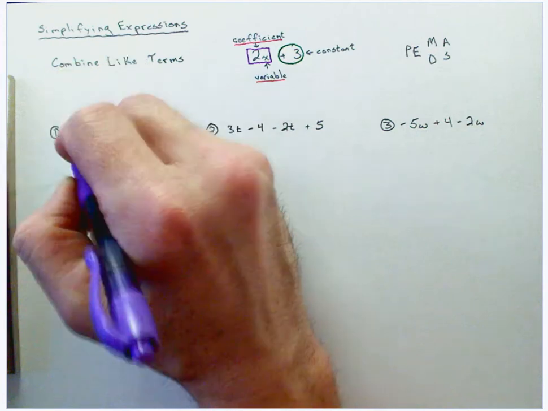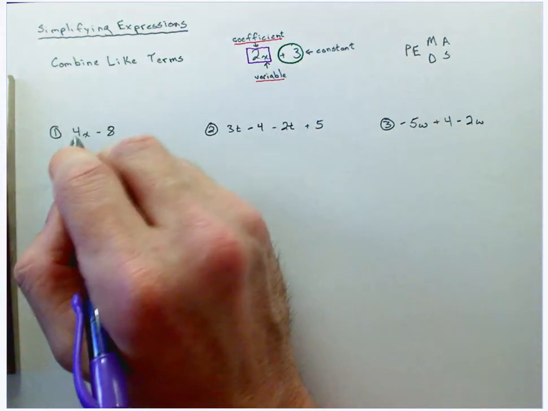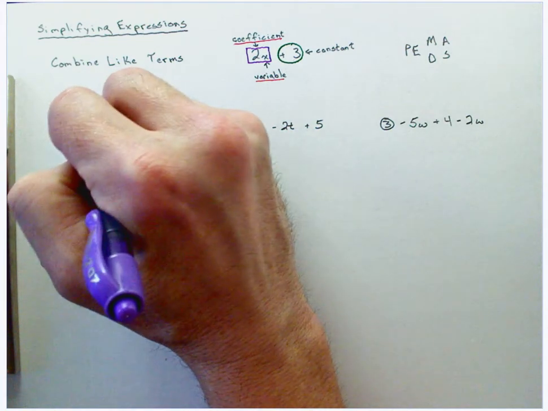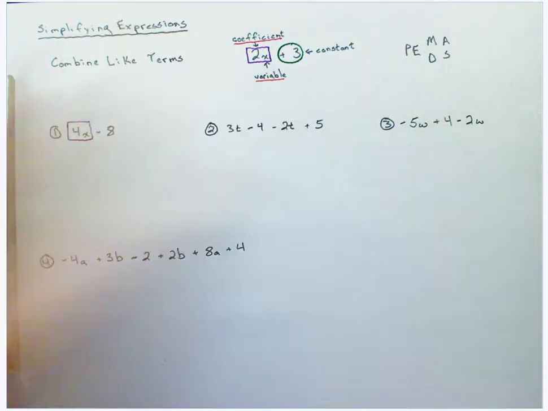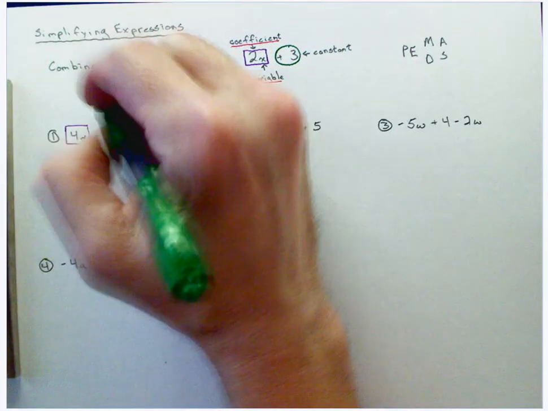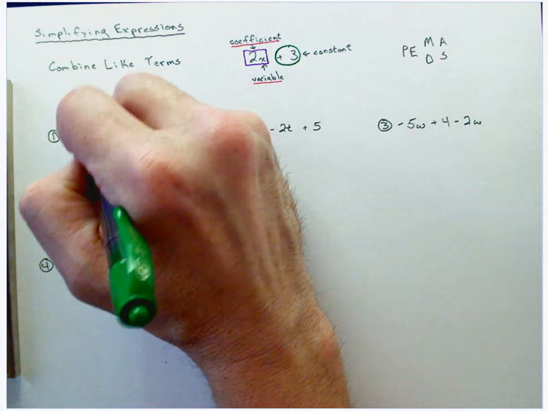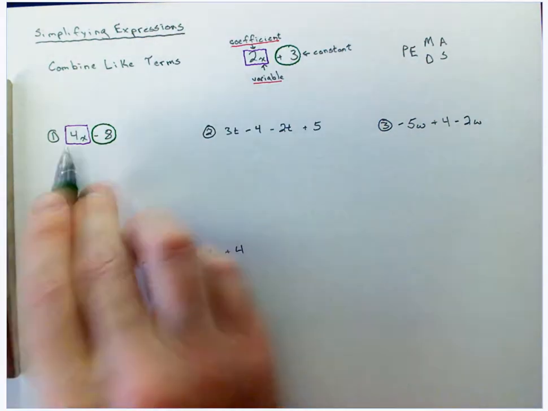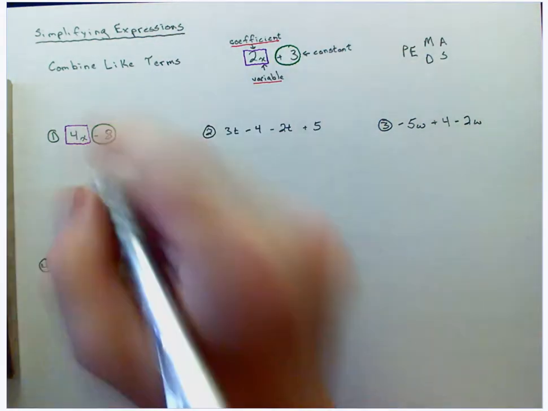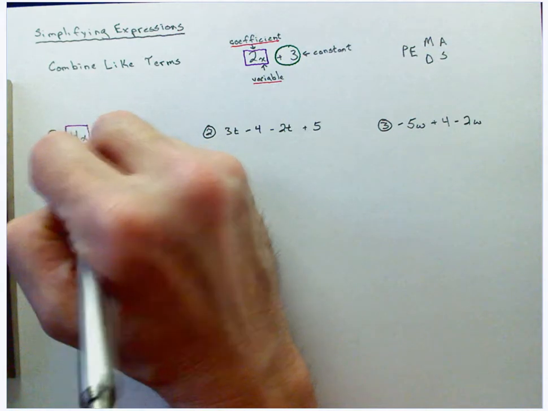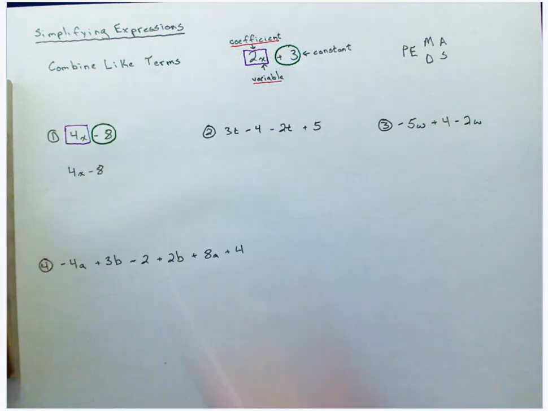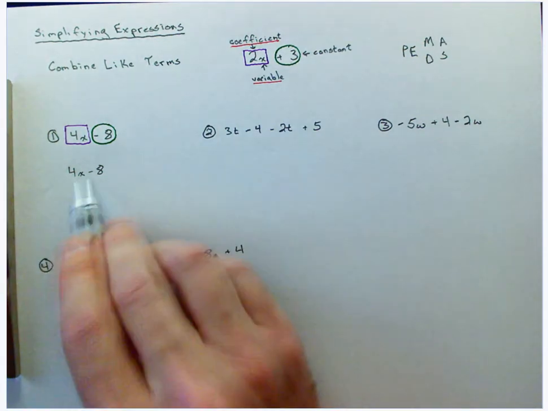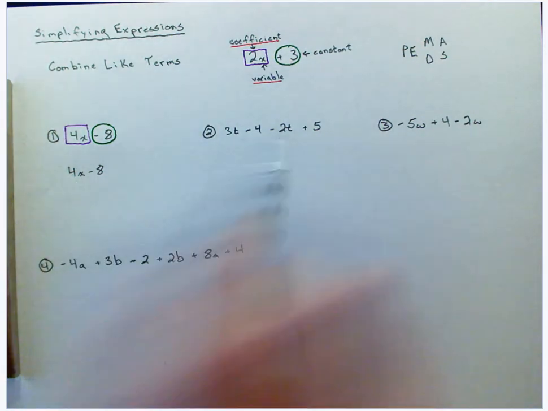Well, if I look at these, I'm going to mark all of my terms that have an x in them with a purple box, and then I'm going to mark all of my terms that are just constants with a green circle. And that's all that I have in both of those. I cannot simplify this problem any further. What I'm left with is 4x minus 8. That's as simple as I can make it for right now.